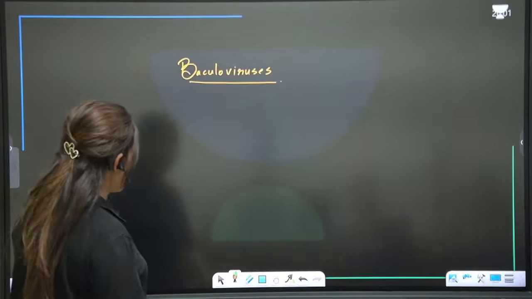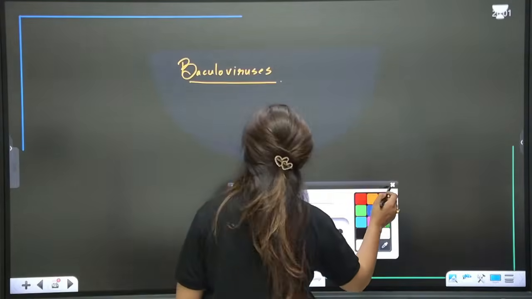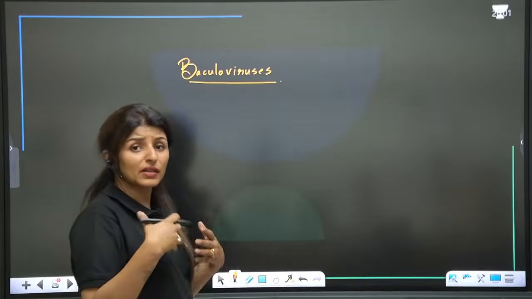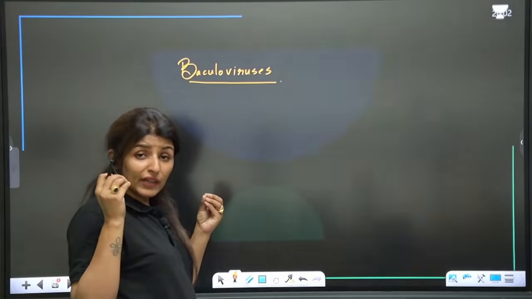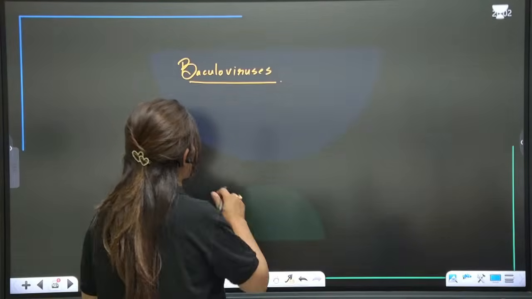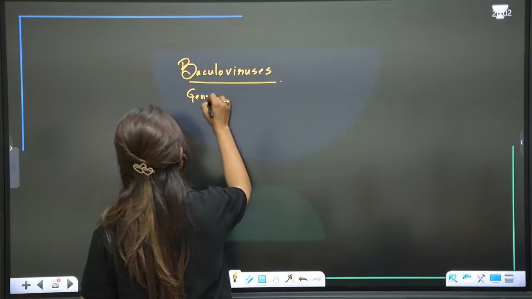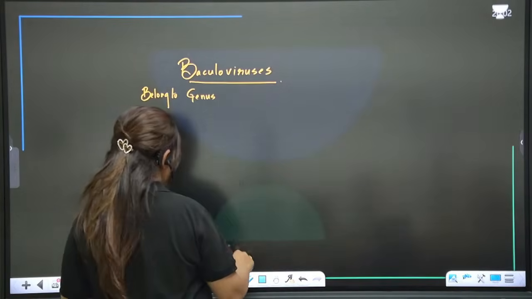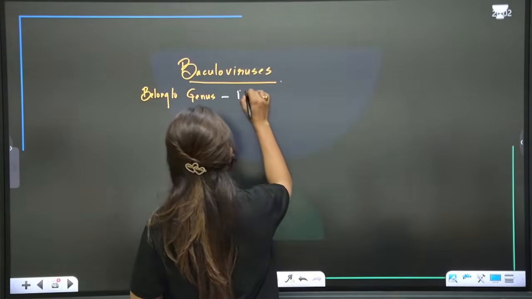So now moving on to baculoviruses. Baculoviruses are a special type of virus which are very insect specific, very target specific. They belong to the genus nucleopolyhedrovirus, NPV.